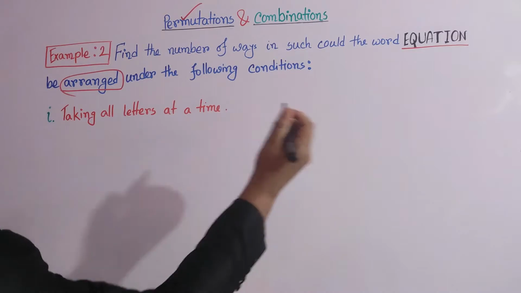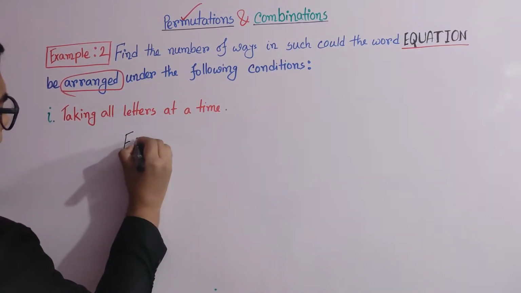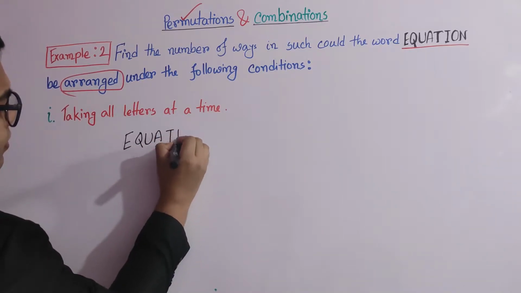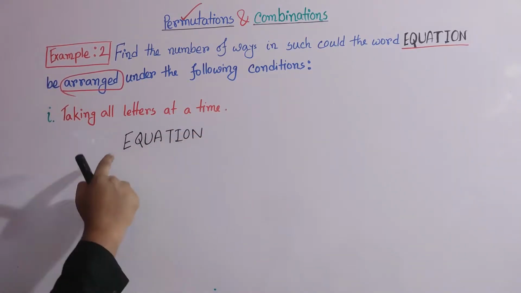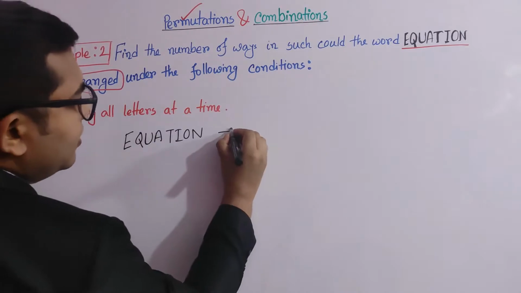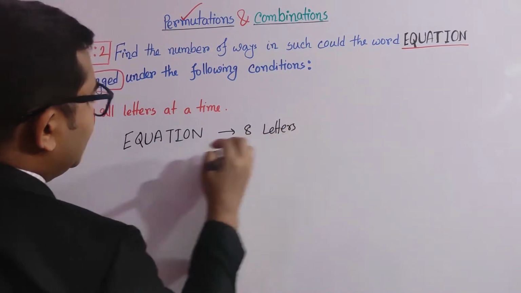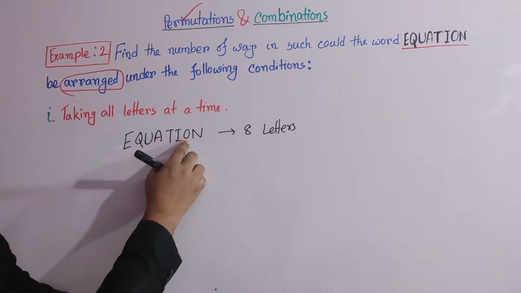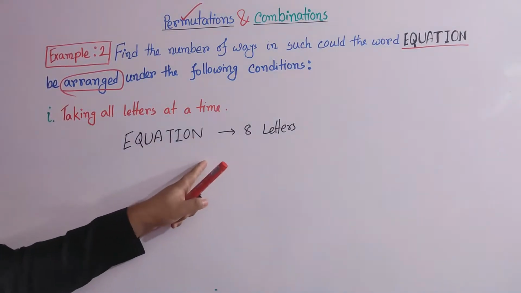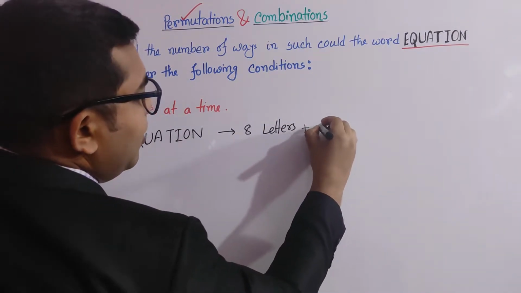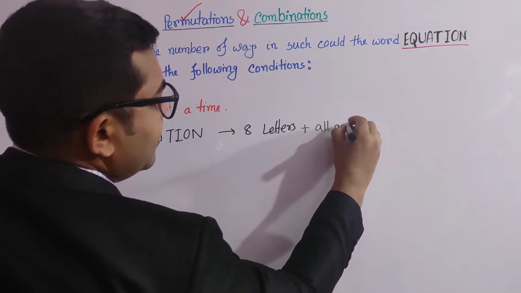The word equation consists of 8 letters: 1, 2, 3, 4, 5, 6, 7, 8, and all are different. It's a very important thing: 8 letters and all are different.